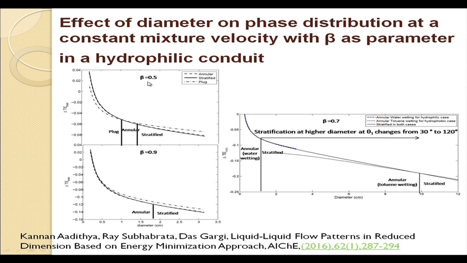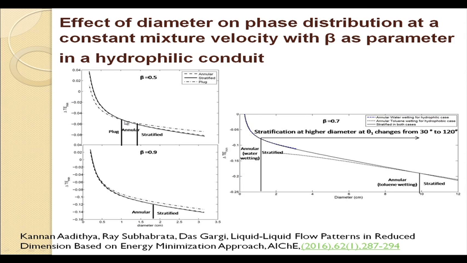We find that for beta equals 0.5, it is very evident that for low diameter situations, the plug flow pattern is stable. Then, beyond a particular diameter, we find that the stratified flow is stable.